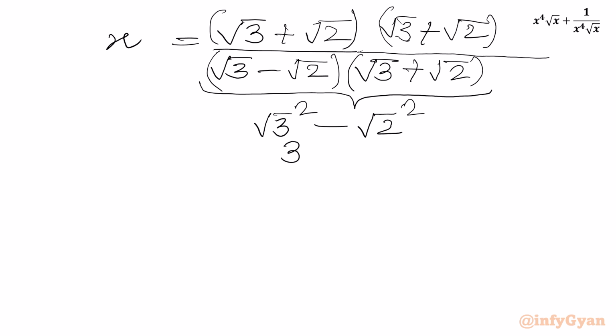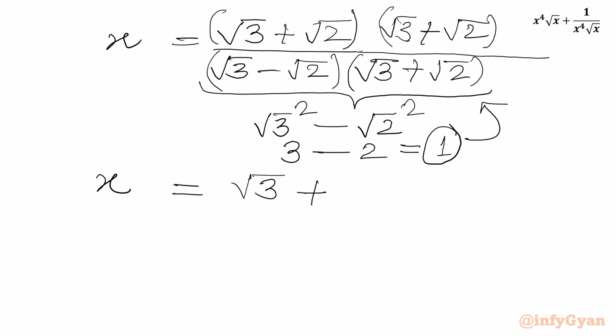This will give us 3 minus 2, only the denominator part. So the denominator will be 1. Let's put this 1 value here. We will get x equal to root 3 plus root 2 times square root 3 plus square root 2, which will give us square root 3 plus square root 2 whole square, and the denominator is 1.